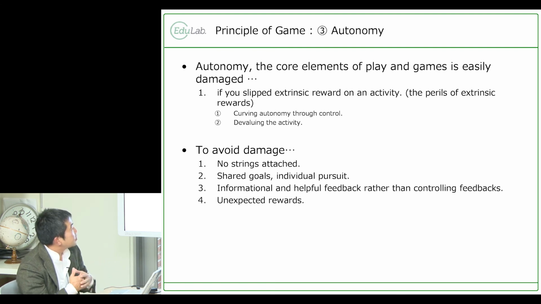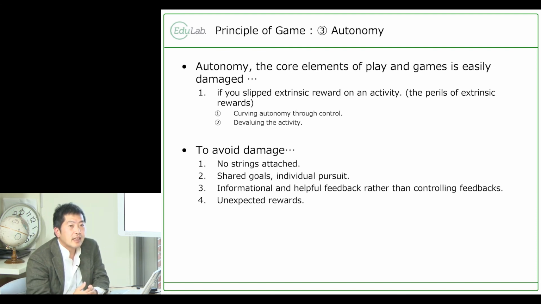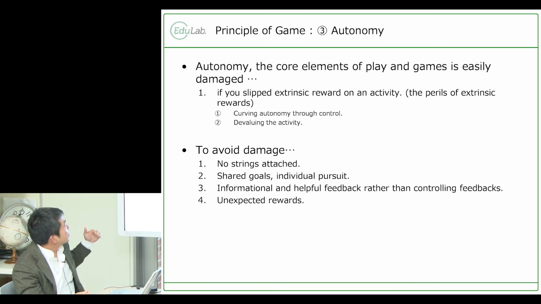When you say you are willing to do something, it needs to be intrinsic. But if you put in an extrinsic reward, it demotivates you. So in the end, it curbs autonomy through control and devalues the activity itself.